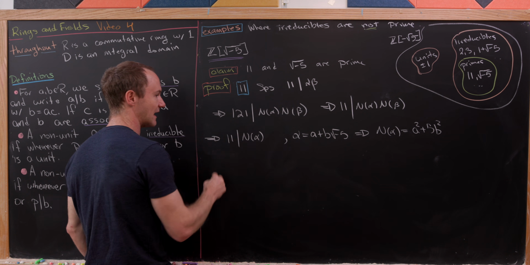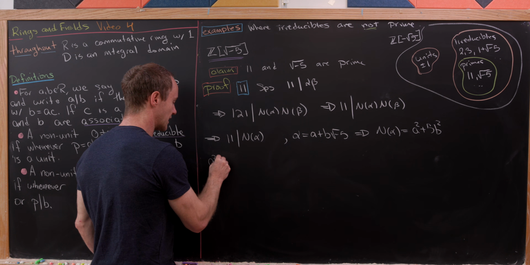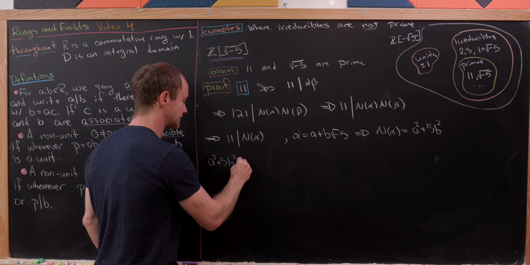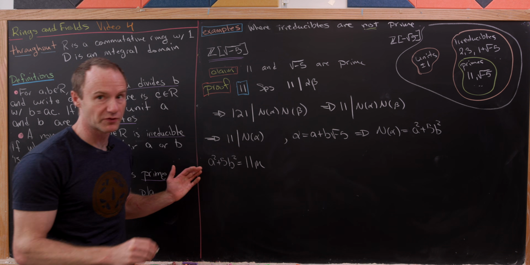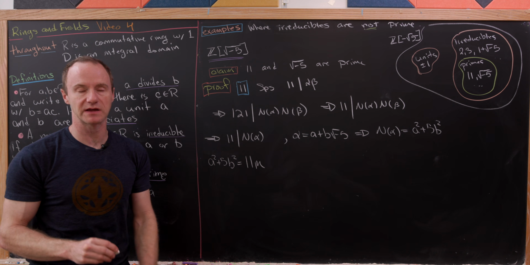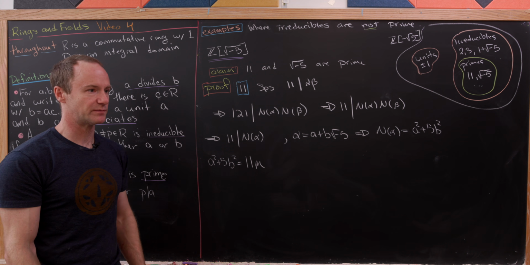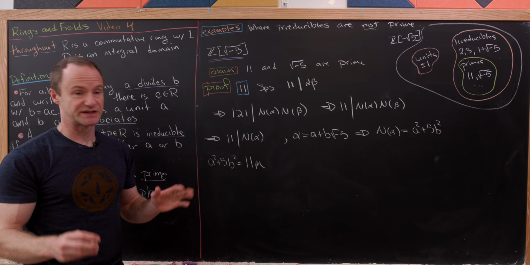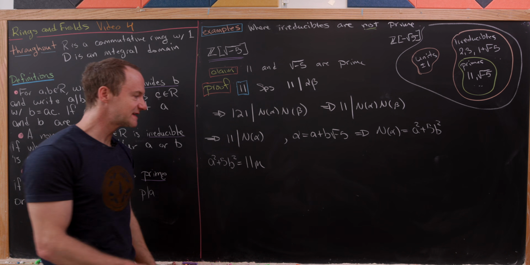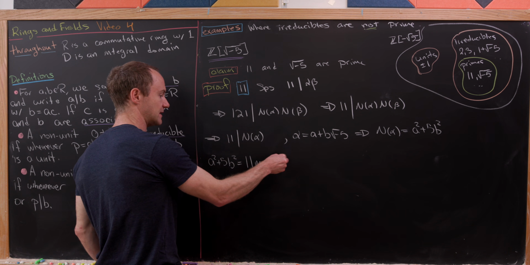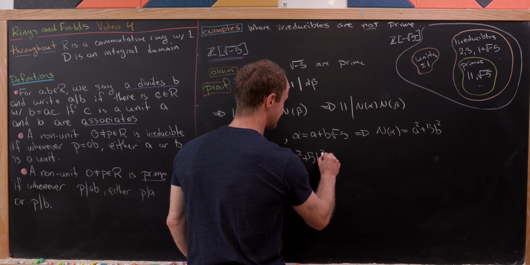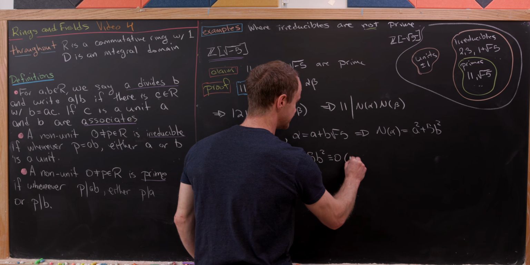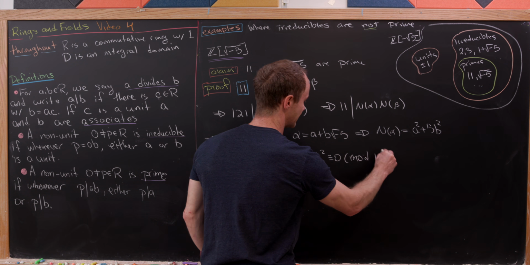But now what do we have? That means that a squared plus 5 times b squared is equal to 11 times m. It's a multiple of 11. Remember, divisibility can be rewritten as this multiple language as well. But now I'm going to reduce this equation modulo 11. So let's observe this means that a squared plus 5 times b squared is congruent to 0 mod 11.